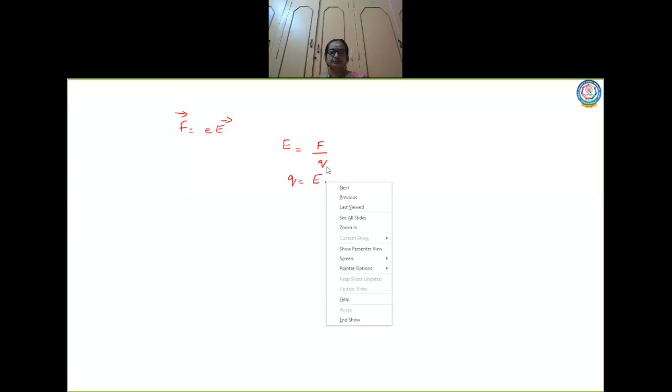They experience a force which is given by F is equal to E into E. This is from the formula electric field equal to force experienced per unit charge, or force is equal to E into Q.